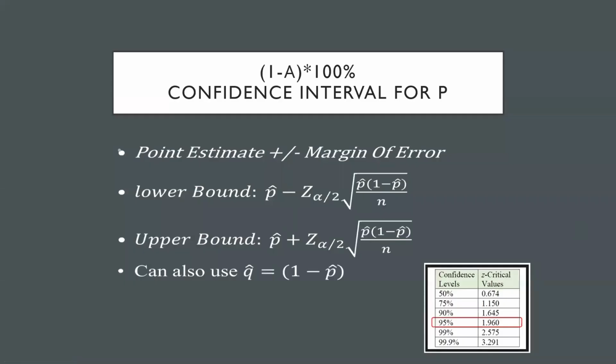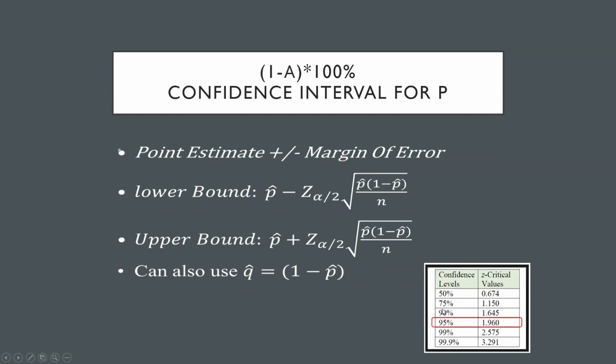If you look on this page, do you notice I say confidence levels, and over here I give Z critical values? You can just use this table. For example, if I want a 95% confidence interval, I'm just going to use the number 1.960.